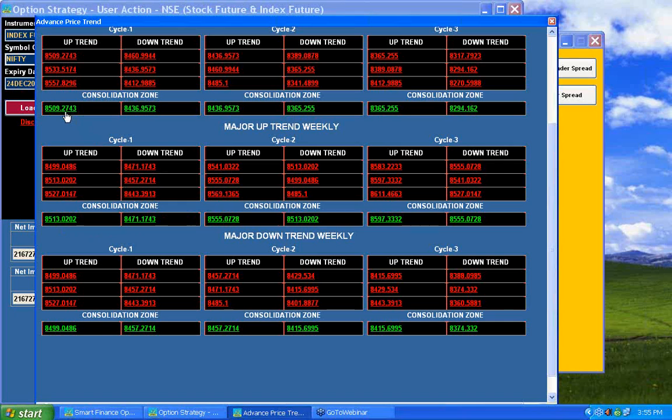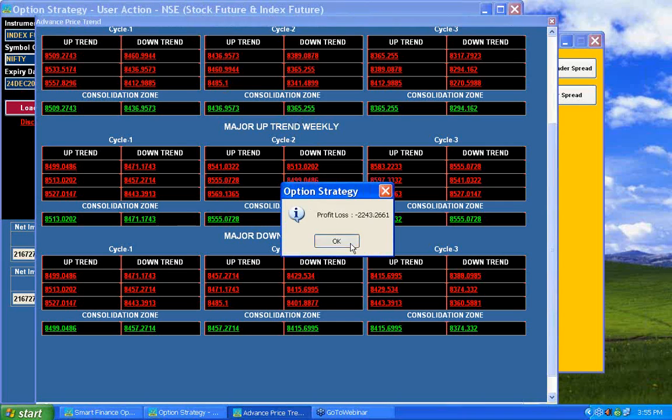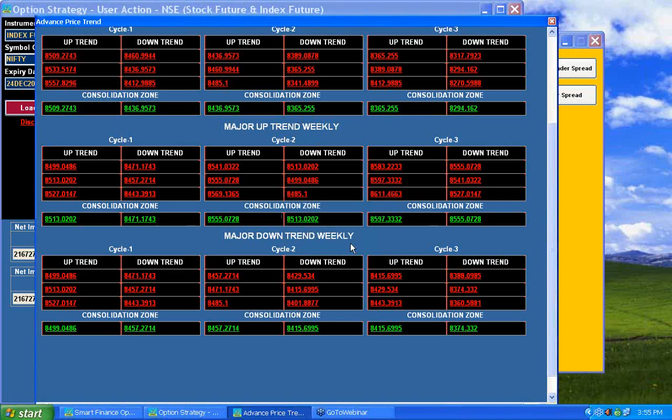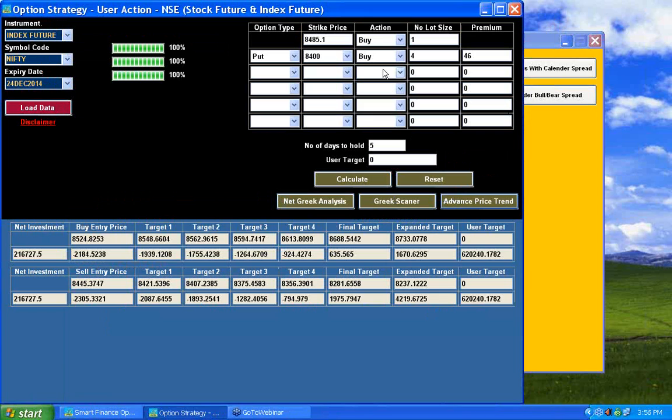Whatever strategy you form, if you click on that particular consolidation band, or on the uptrend or downtrend price points, you will come to know how much profit or loss this strategy will give at those price points. So that feature we have also added here.